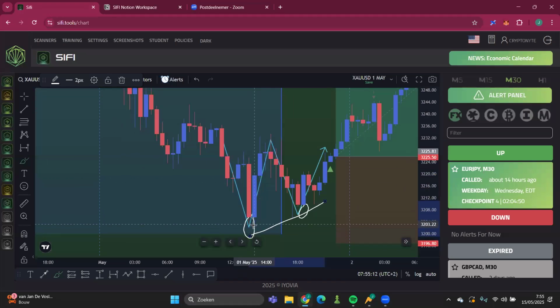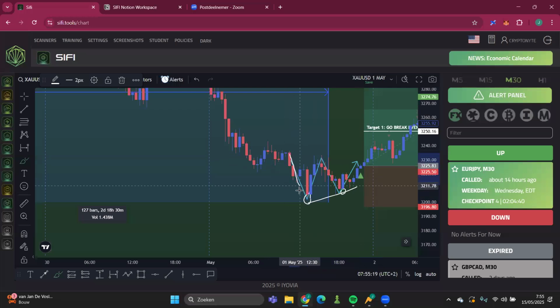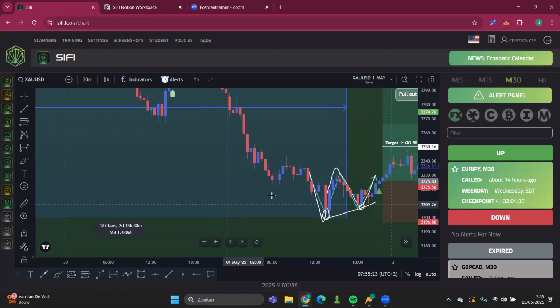These lows going from a lower low to a higher low. And that's very, very strong to see in our W pattern. Okay?